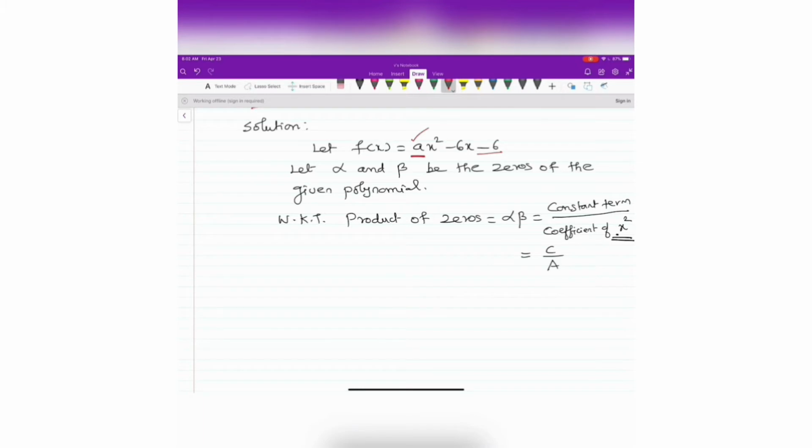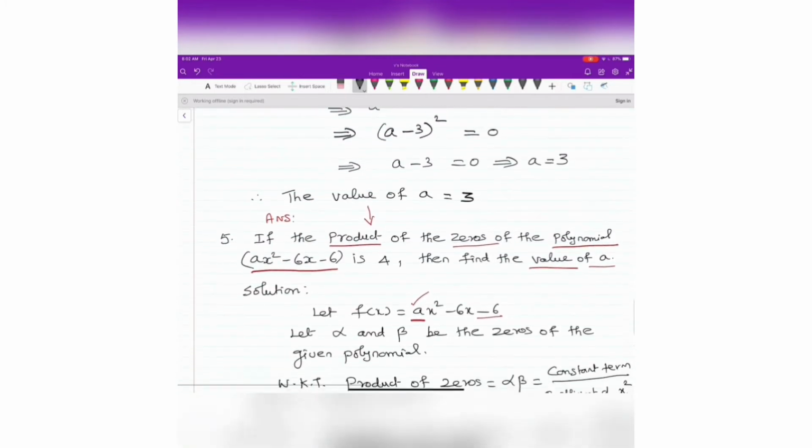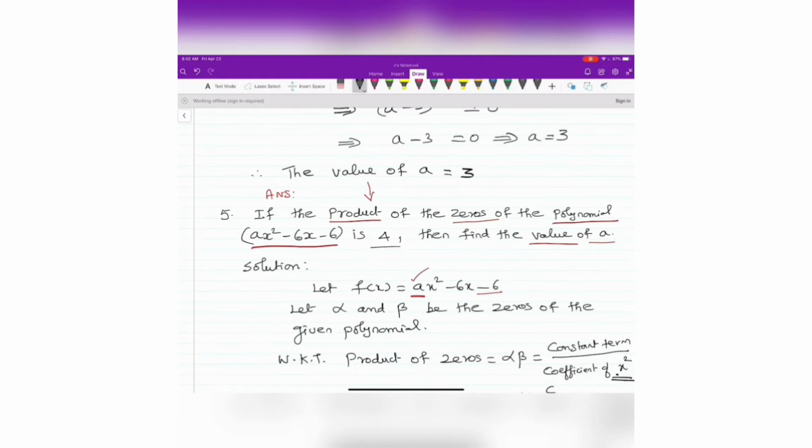So let me write here, this is equal to minus 6 by a. But what is given to you? The product of the zeros is 4. That is what is given.